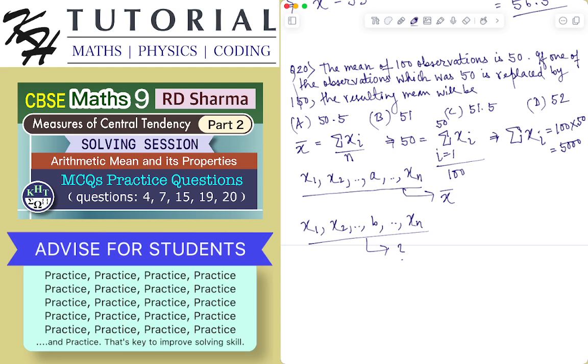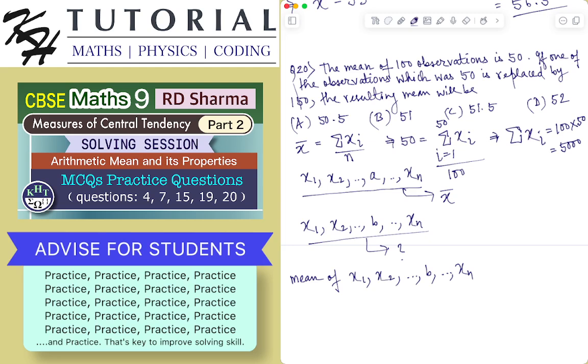So what is actually happening? Now the concept is how to find the mean of these observations. The mean of the new observations, that is x1, x2 up to xn, but instead of a I have b. I need to find the new mean of the observations where in the original, a was replaced with b.